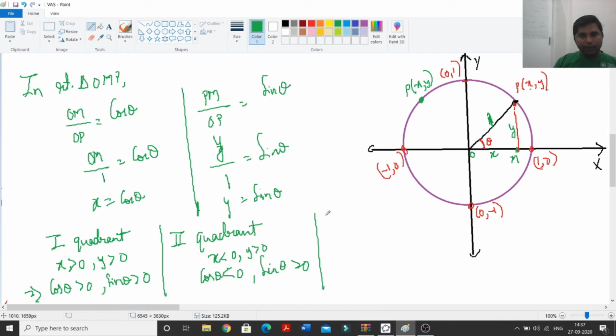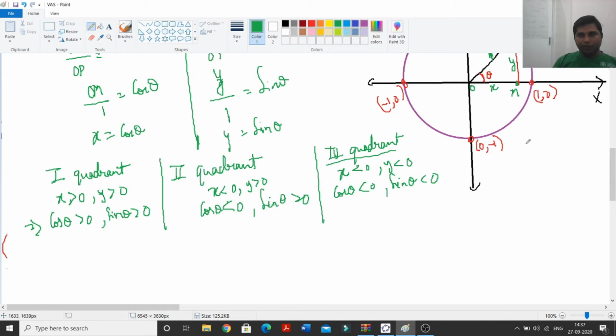In the third quadrant, x is less than 0, y is less than 0. So that means cos theta is also negative, sin theta is also negative. Okay, let's see the fourth quadrant.